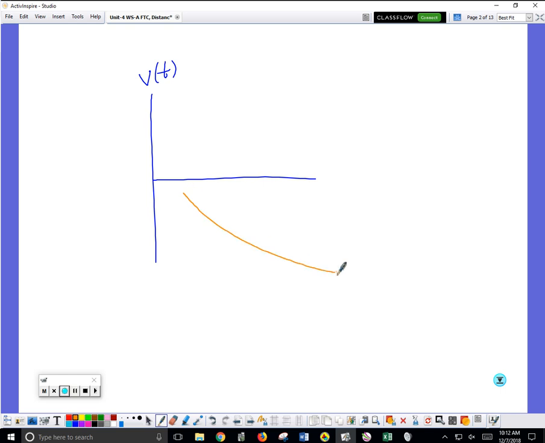I want you to vote, please. One means you look at this plot of velocity and you tell me the speed is increasing. This one would be you look at this plot of velocity and you tell me the speed is decreasing. Show me your vote. Is the speed increasing or is the speed decreasing? It's a good check if you're really understanding the concept.